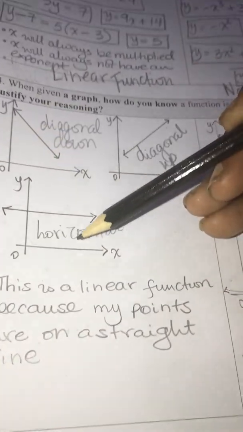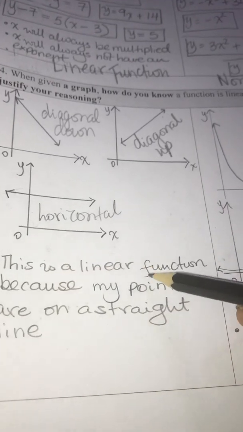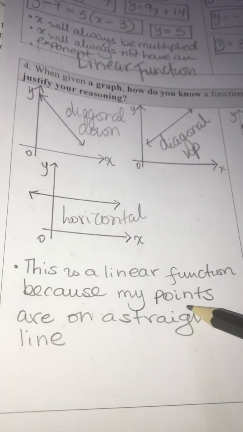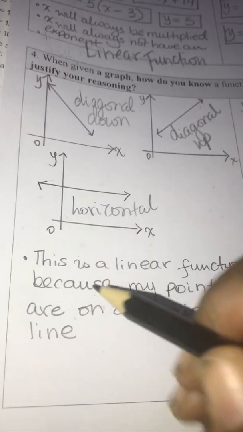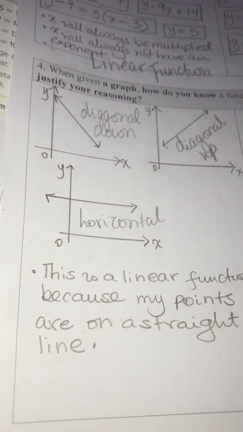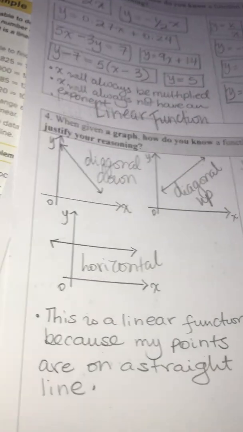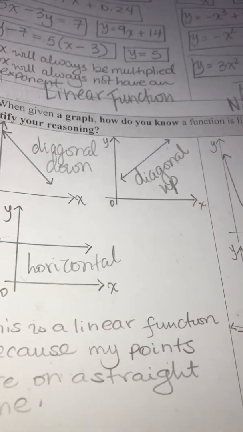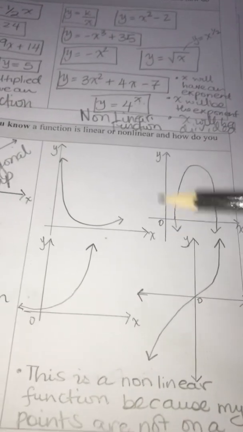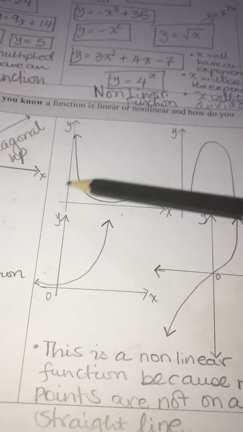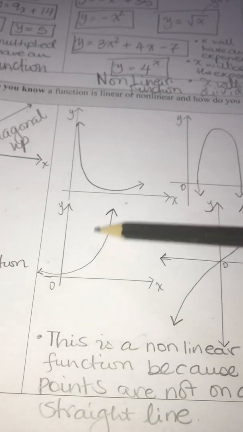So, how do you justify your reasoning? This is a linear function because my points are on a straight line. That's it. That's all you have to say. If your points make a straight line, then it is linear. Now let's look at this. These graphs are all not straight lines, but they are all functions because each domain has one range.